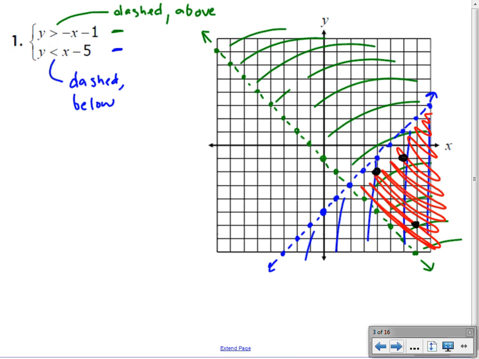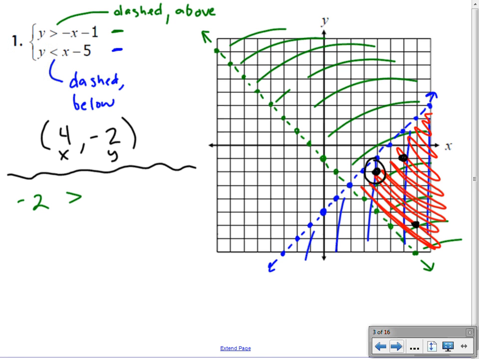So let's take this point as an example. This would be the ordered pair 4, -2. If I substitute the x and the y value here into my original inequalities, we're going to see that it makes both of those inequalities true. So for our top one, we would get -2 is greater than -4 minus 1. Well, that's true because -2 is greater than -5. So that one checks out.